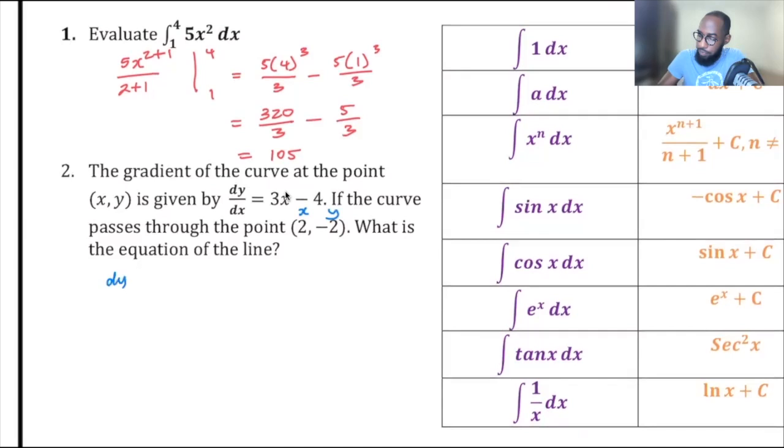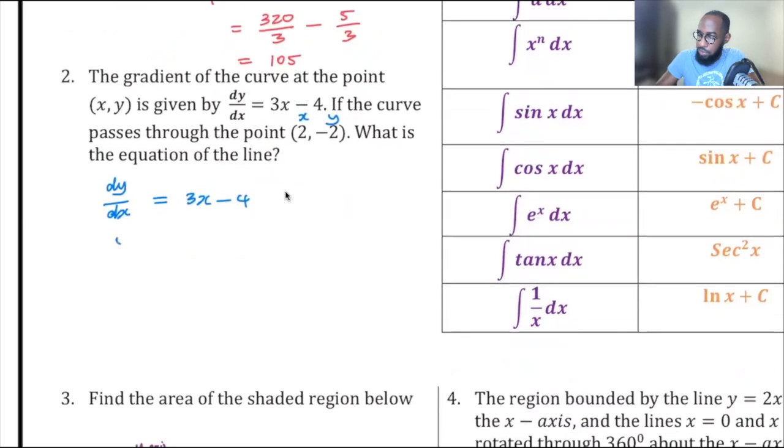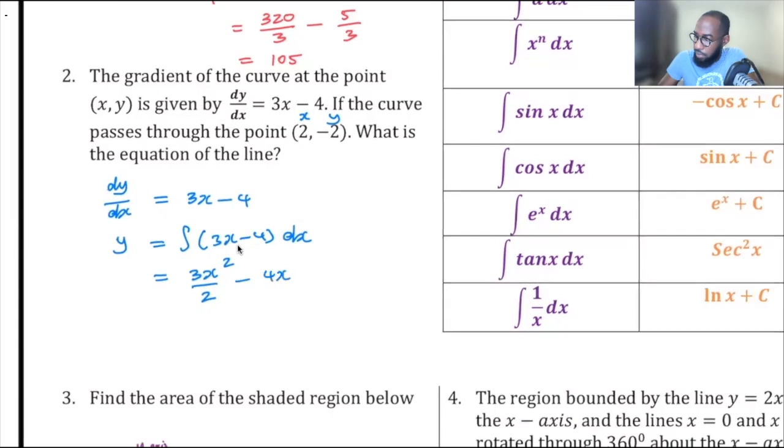So here we have dy/dx equal to 3x minus 4. So y would be the integral of 3x minus 4 dx, kind of like we're working back. So the integral of this gives 3x squared divided by 2 minus 4x plus c is equal to y.